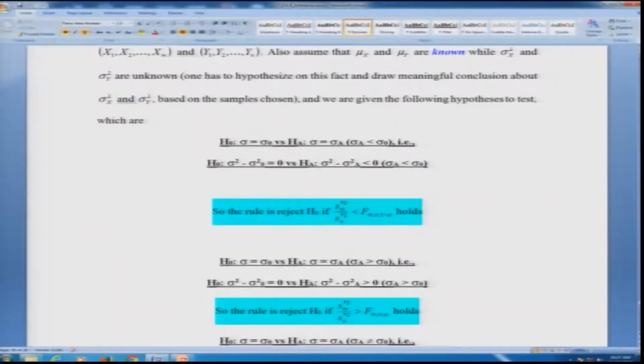Ratio means the ratio of the variances of population 1 and population 2, and in the alternative hypothesis, the difference is greater than 0 or the ratio of the variances of the 2 populations is greater than 1. In that case, you will reject H naught if the ratio of sample variance of population 1 and population 2 is greater than F suffix m comma n comma alpha, because you know the right hand side.